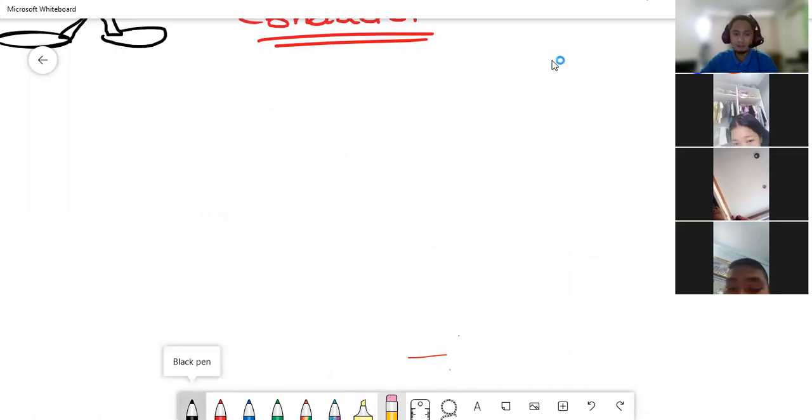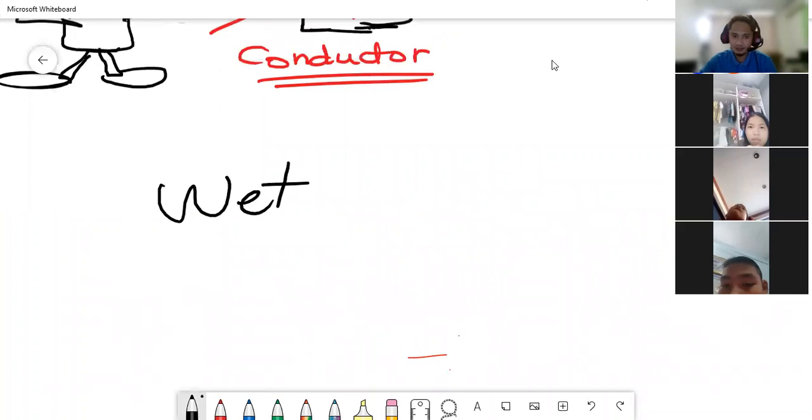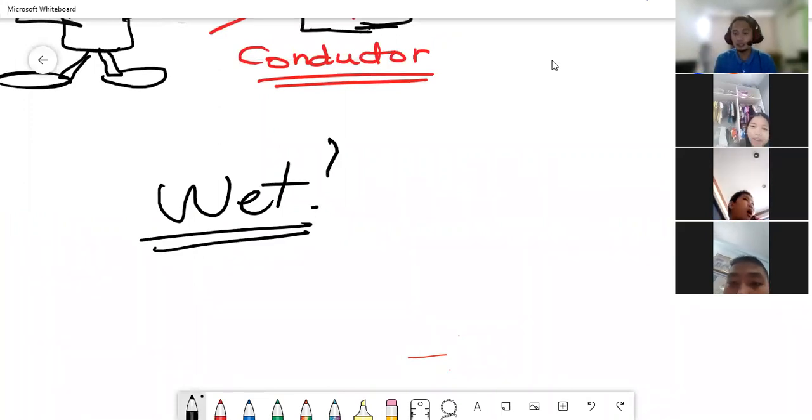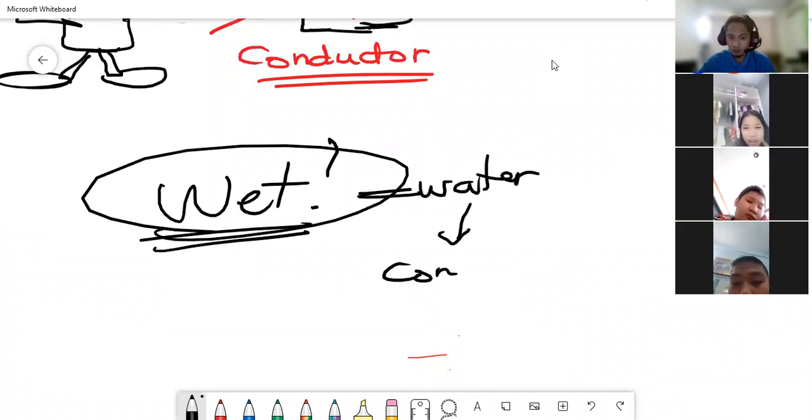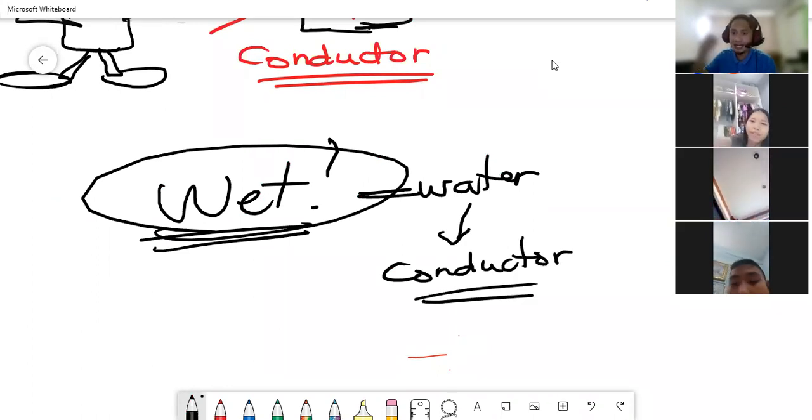But if the plastic is wet, yes, because water is a conductor. Conductor meaning the electricity can flow. So do not do that.